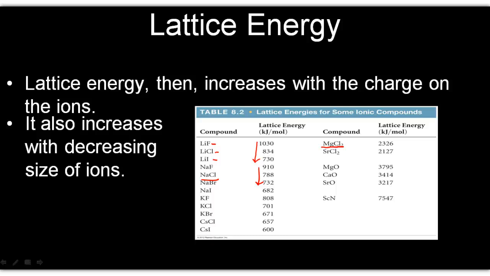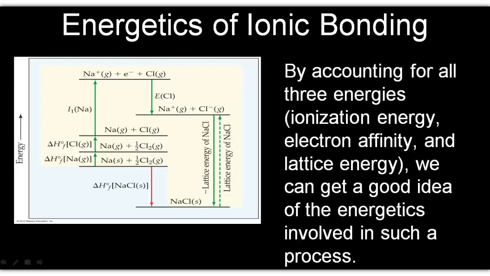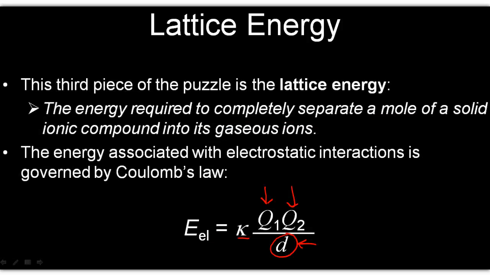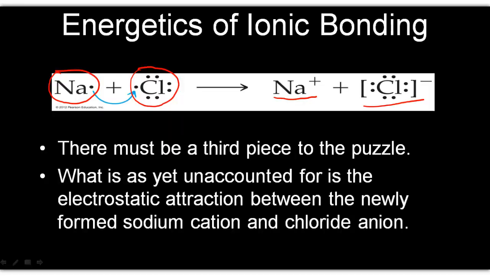So which one's more important? Going back to our equation, Q is a greater factor in the potential energy than distance is. As the charges increase, the potential energy is going to increase much faster than the effect of distance.